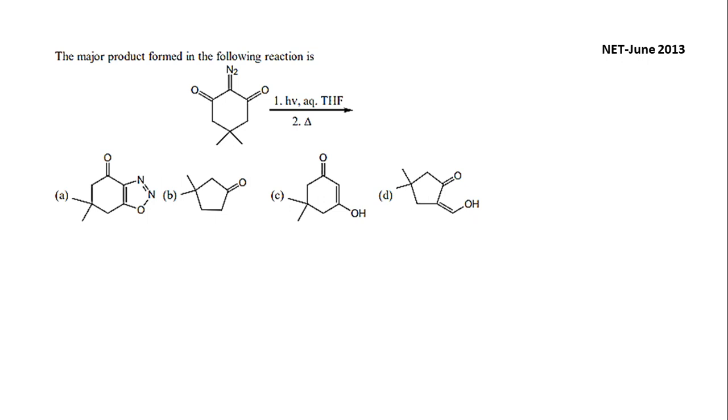hν, aqueous THF. So at this position, there will be generation of carbene. We have an alpha carbonyl, so there will be shifting of this C–C bond and ketene will be generated. This is Wolff rearrangement, with a C=C=O double bond.